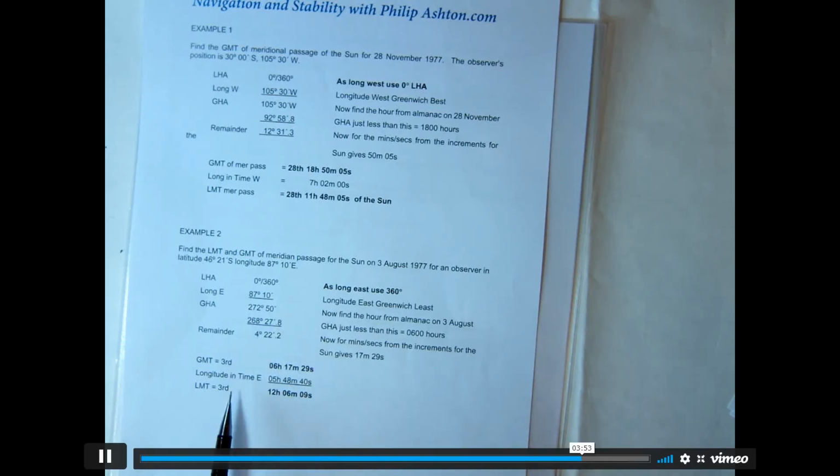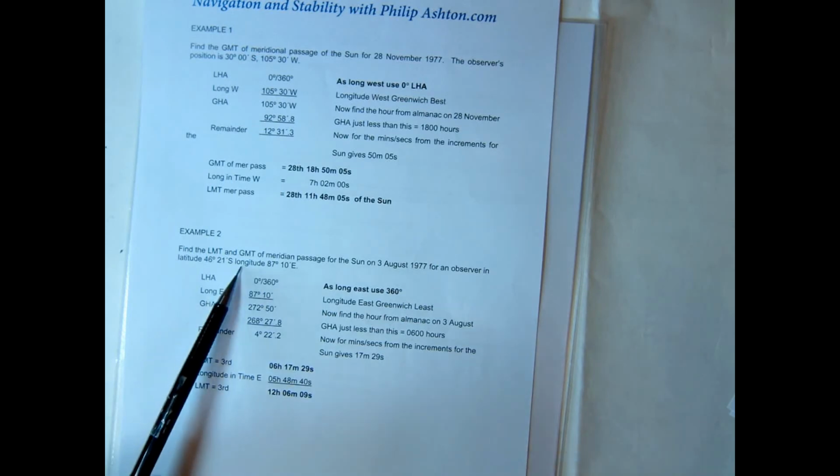So the GMT will be 6:17:29. Okay, so we got the 6 with the GHA initially, and with the increments we got 17:29. Now let's apply our longitude in time, and we find that the LMT is 12 hours 06 minutes 09 seconds.